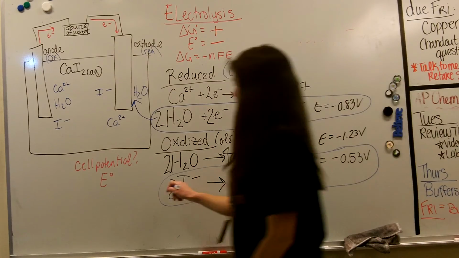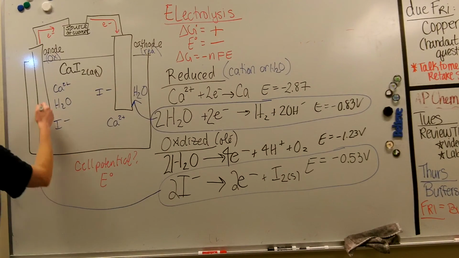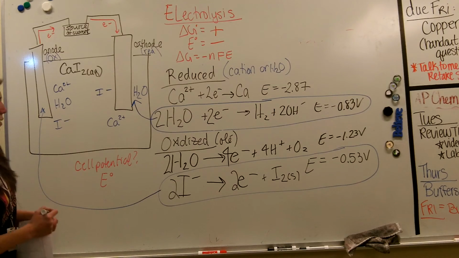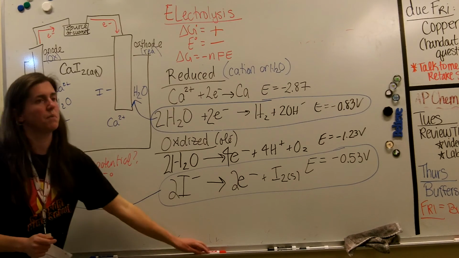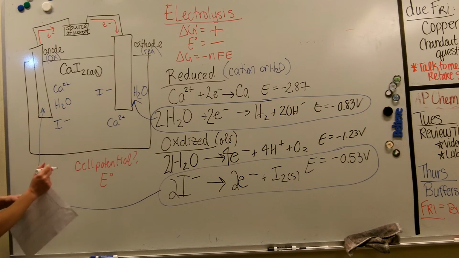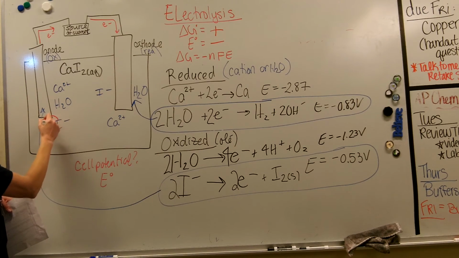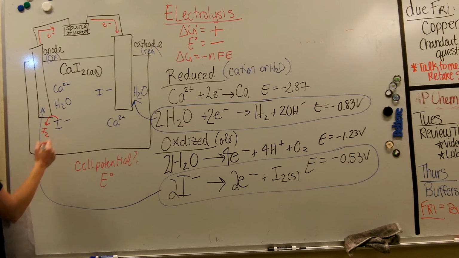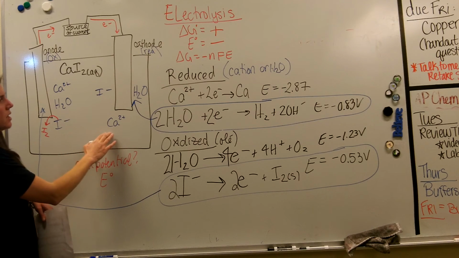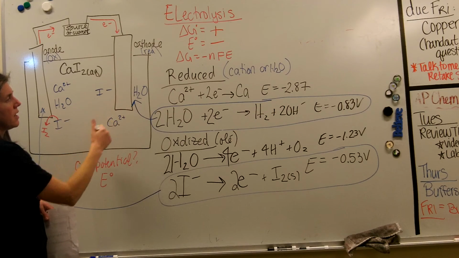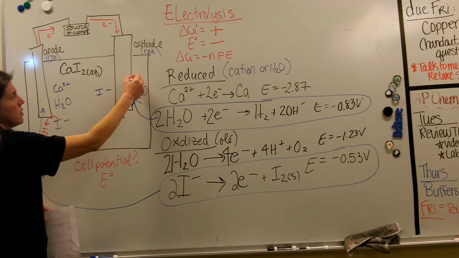So what that means is, over here at the anode, your iodine ions are going to be oxidized. So I draw what's happening. These will be turning into I2. And then over here at the cathode, the reduction, your water is going to be reduced.